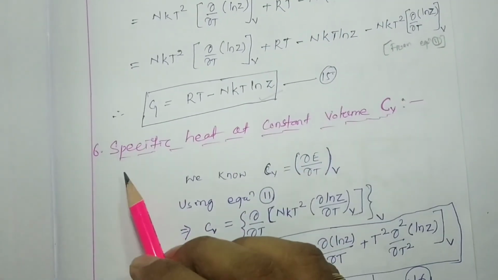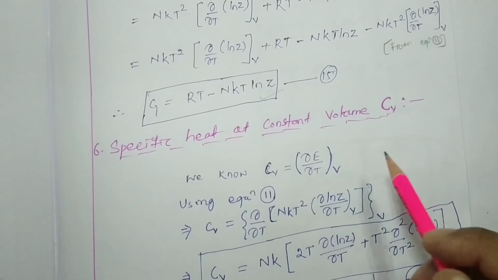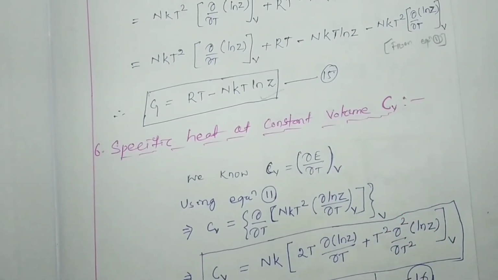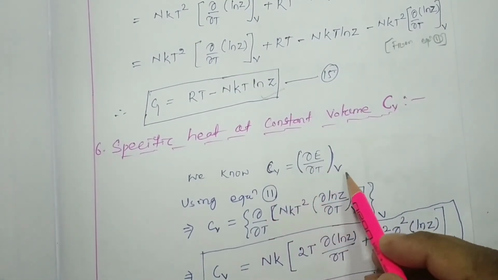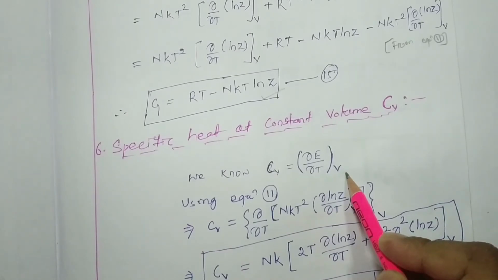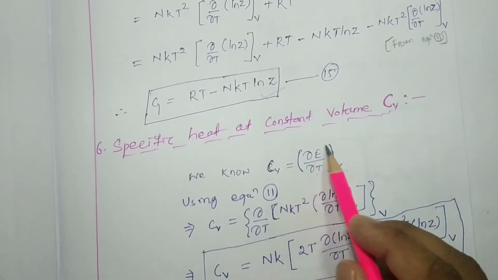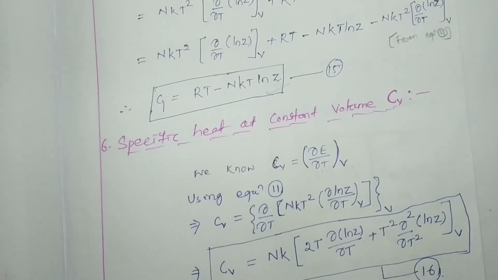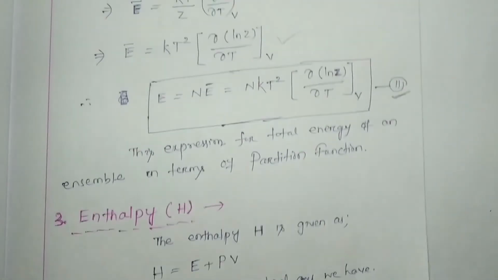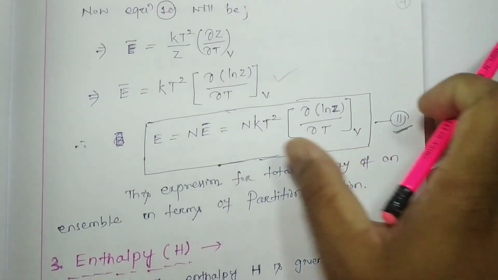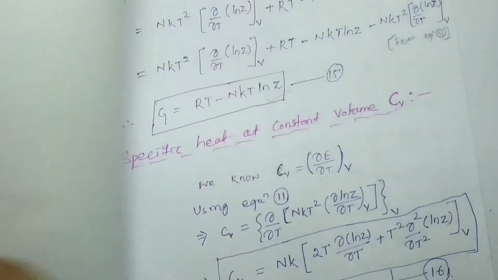Specific heat at constant volume will be Cv equal to del E by del T at constant V, and for E we found the value in equation number 11, which we use there.